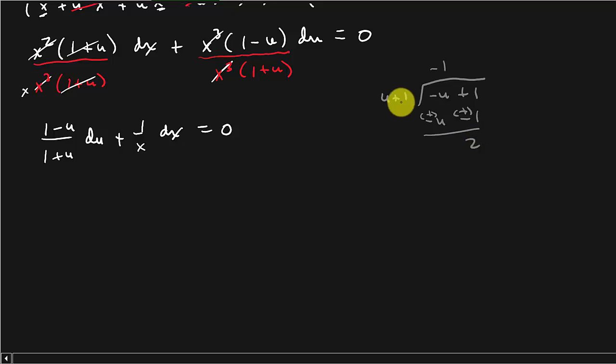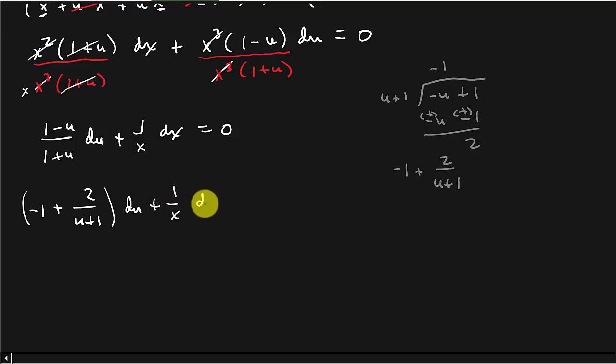And so this divided by this becomes negative 1 plus 2 over u plus 1. So this is going to be negative 1 plus 2 over u plus 1 du plus 1 over x dx equals 0.